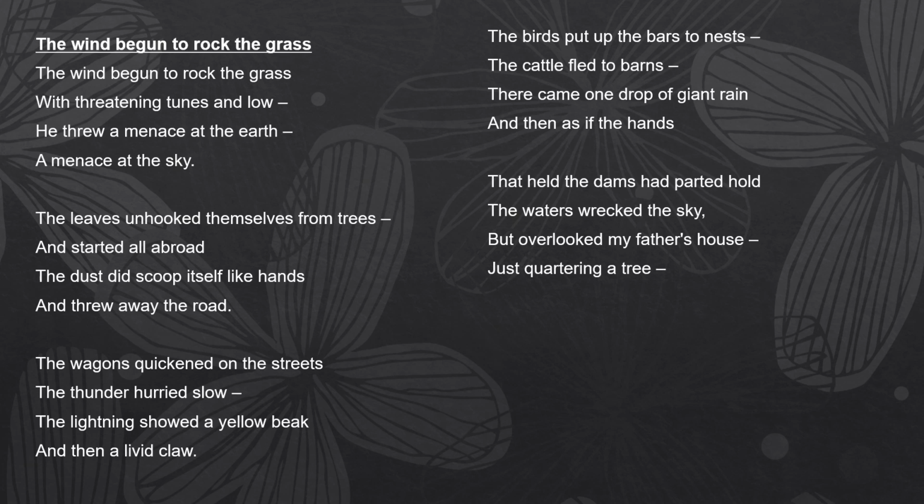The lightning showed a yellow beak and then a livid claw. The birds put up the bars to nests, the cattle fled to barns. There came one drop of giant rain, and then as if the hands that held the dams had parted, hold, the waters wrecked the sky, but overlooked my father's house, just quartering a tree.